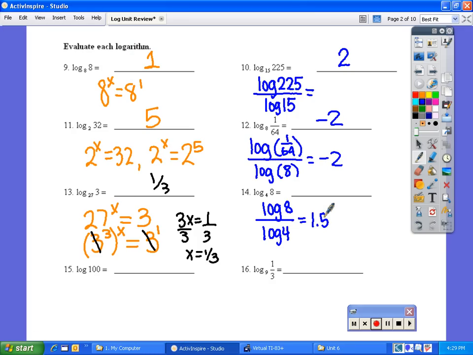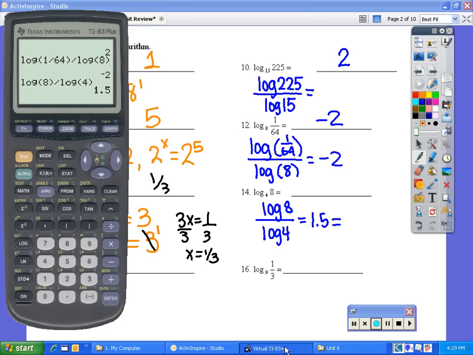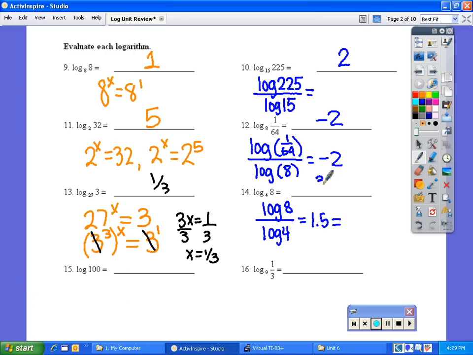Now, what if 1.5 was not a choice? Then you'd have to remember to change 1.5 to a fraction. So make sure you do math, enter, enter, so you can get your fraction.